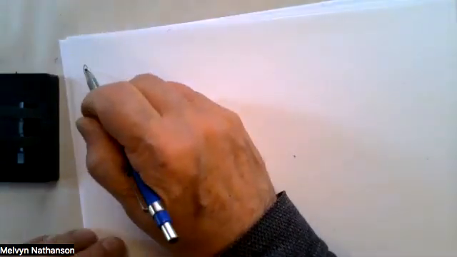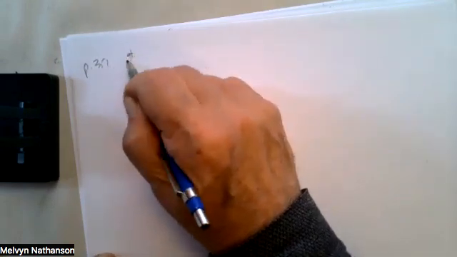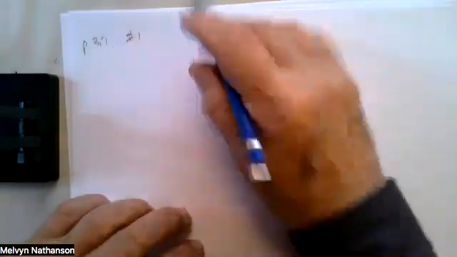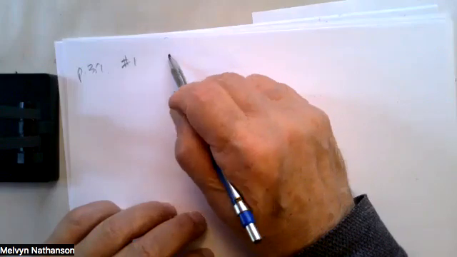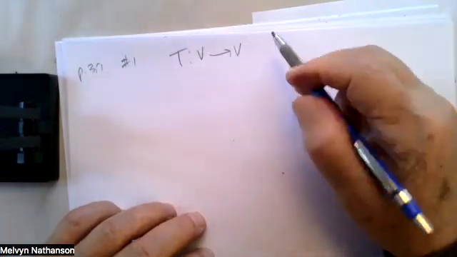So this is on page 351, number 1. And let's just recall we have a linear operator, a linear transformation from a vector space to itself.